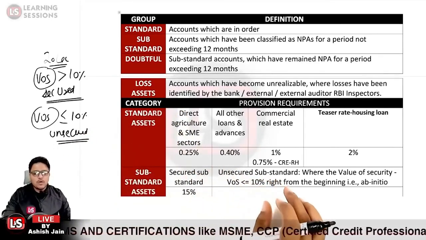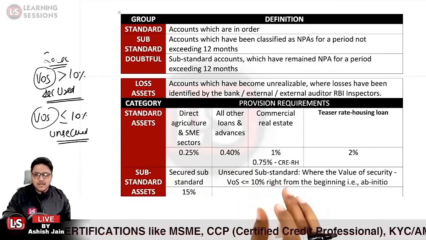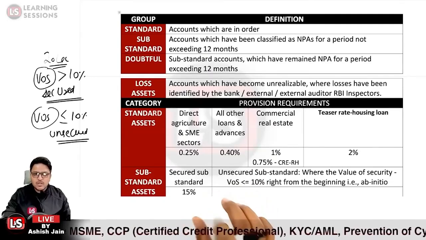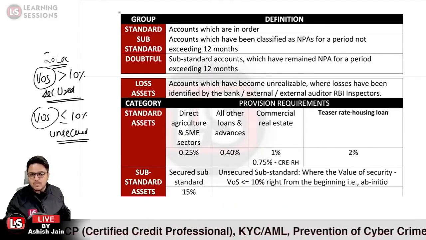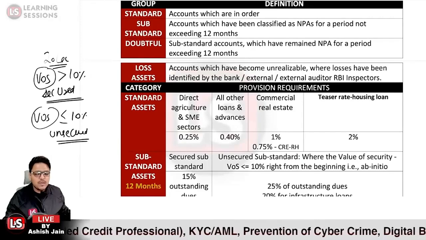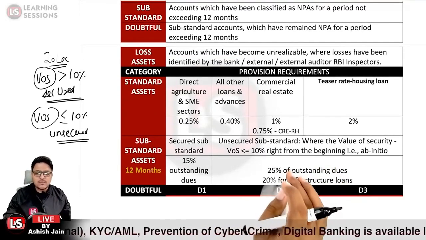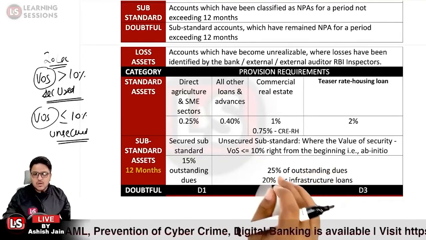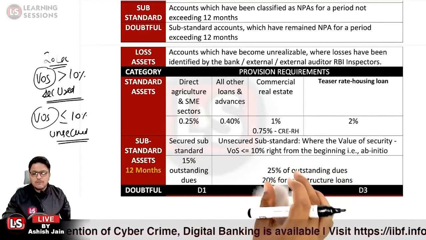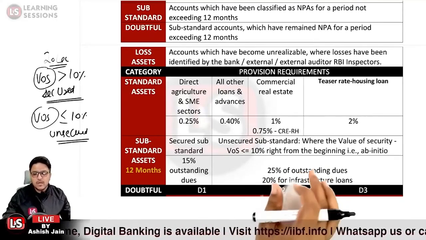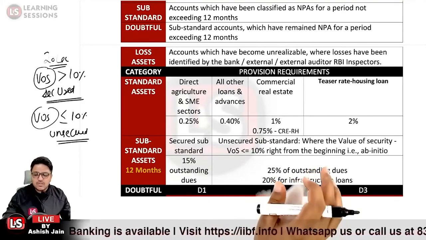Now for a secured substandard loan account, 15% provision is to be maintained. For an unsecured substandard loan account, 25% of the outstanding balance is to be provided.